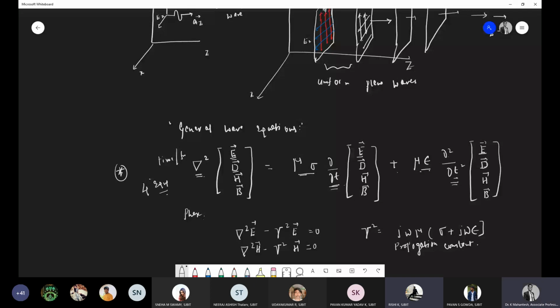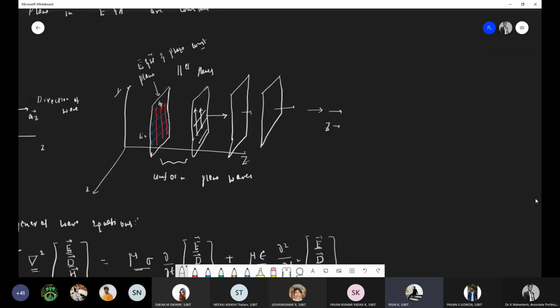Now continuing with uniform plane waves, what happens in free space? In free space, conductivity will be equal to 0, that is sigma is equal to 0. Therefore, the electric field will be in x direction only, whereas H will be in y direction only.